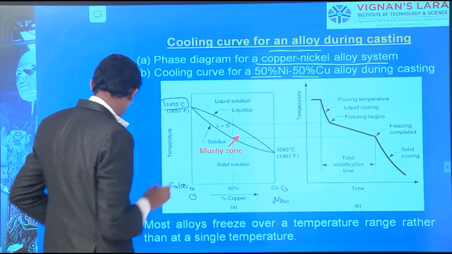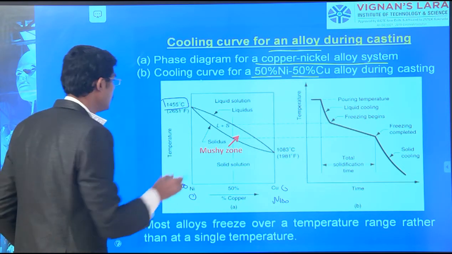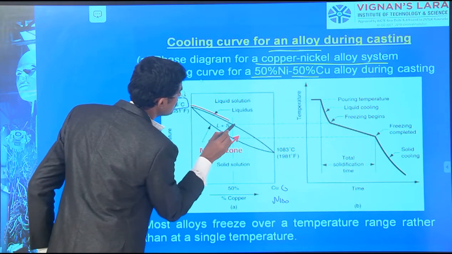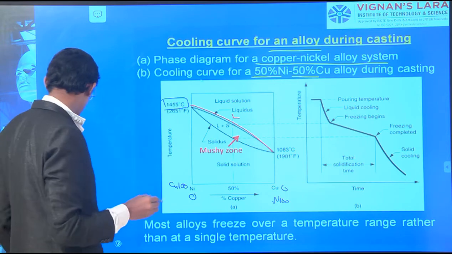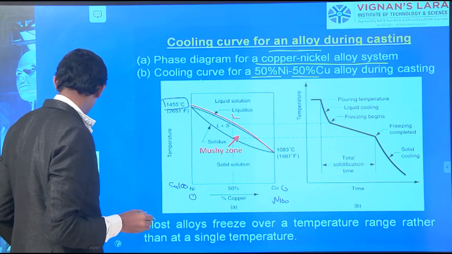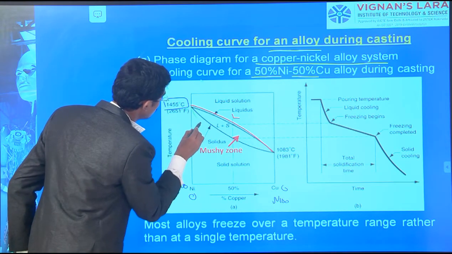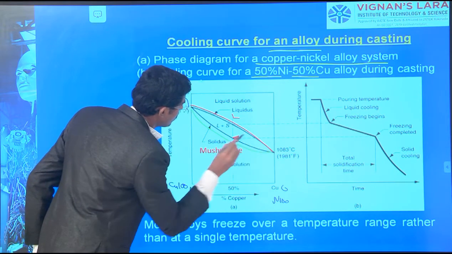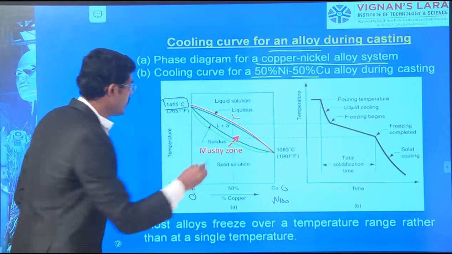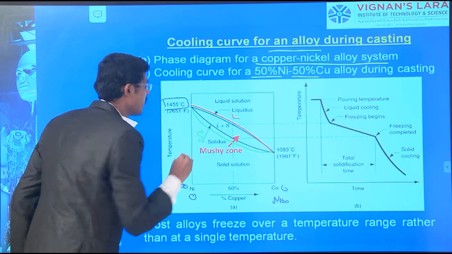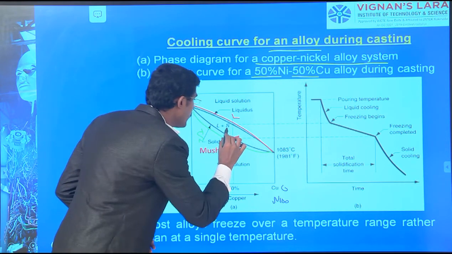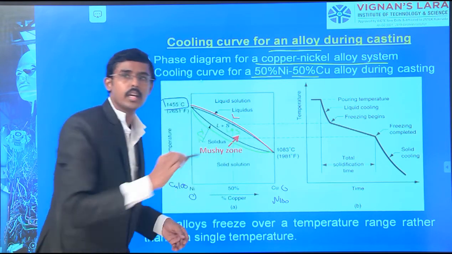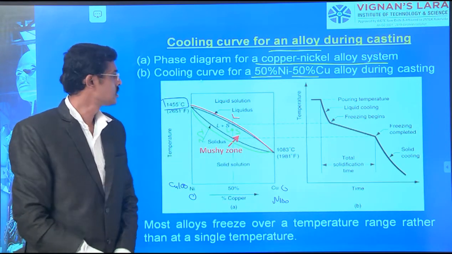In the above curve, this is the region of the liquidus line. And similarly, we have one more line, the solidus line. Here we have a solidus line. In between we will have liquid plus solid.